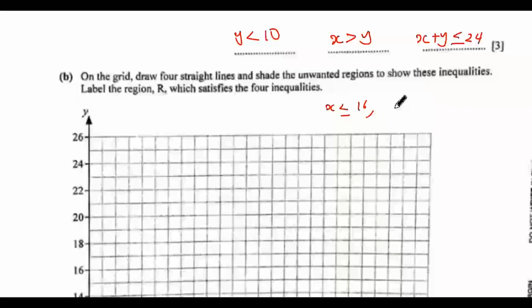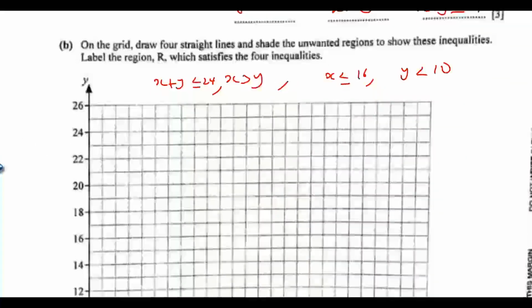The second one is y less than 10. The third one is x greater than y, and the fourth one is x plus y less than or equal to 24. So it will be very easy to navigate from there.